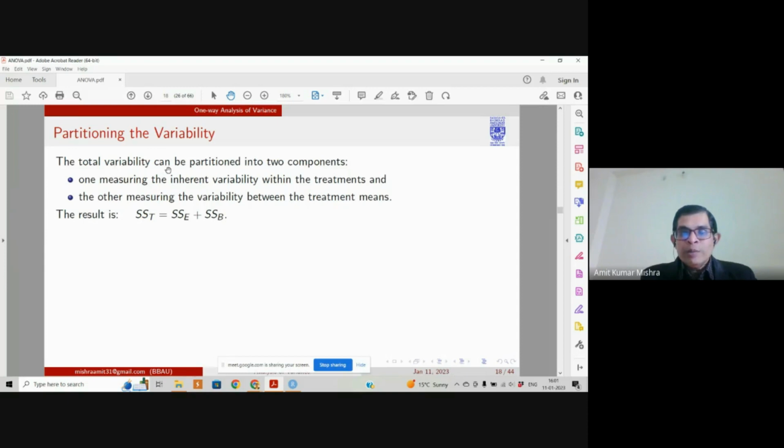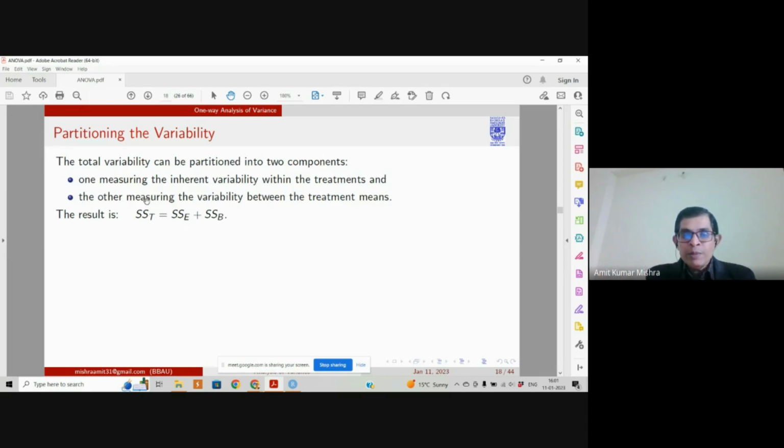So the total variability, we are actually partitioning into two components. One measuring the inherent variability, inherent means which is because of the distribution, and the other measuring the variability between the treatments. That means the impact of sales, accounts, and admin.